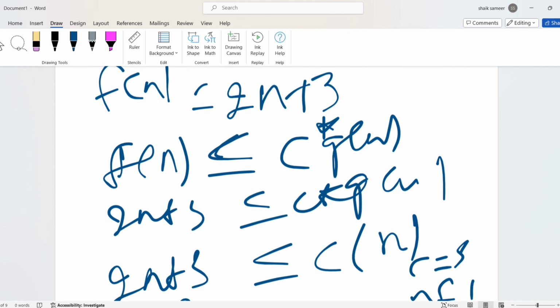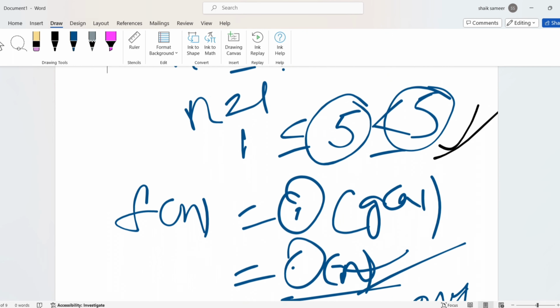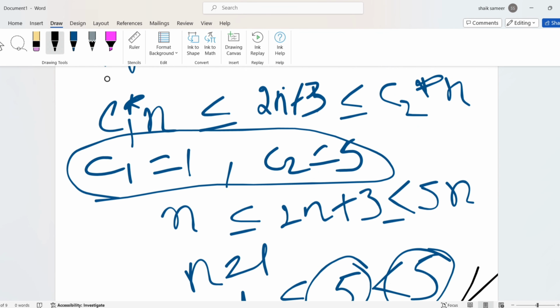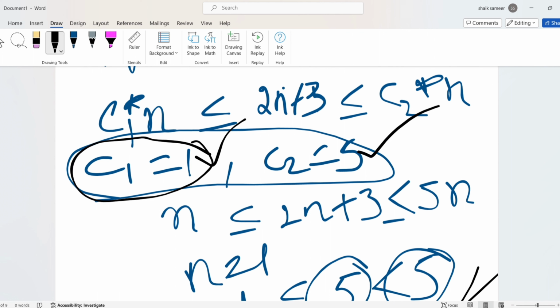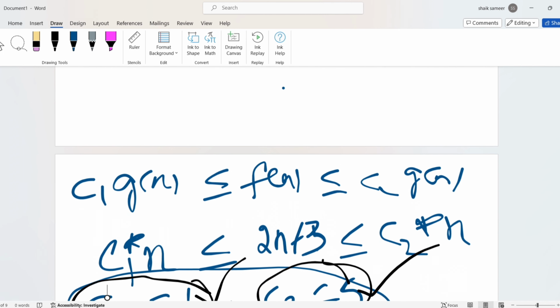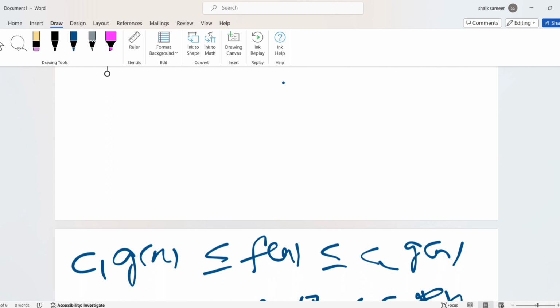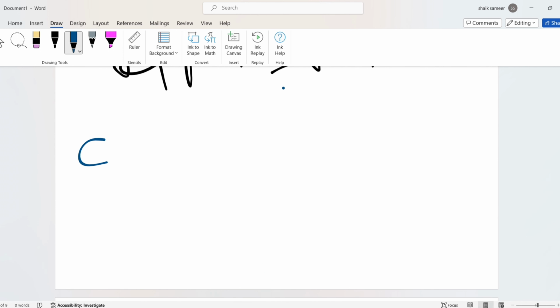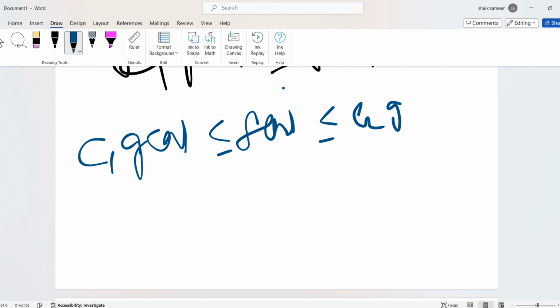So when you come to this theta notation, observe this point: c1 equal to 1, c2 equal to 5. I have taken c1 from big omega notation, and c2 from big O notation. When you look into this condition, c1 into g of n is less than or equal to f of n, which is less than or equal to c2 into g of n.